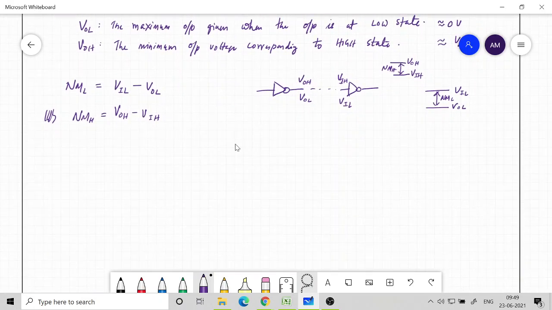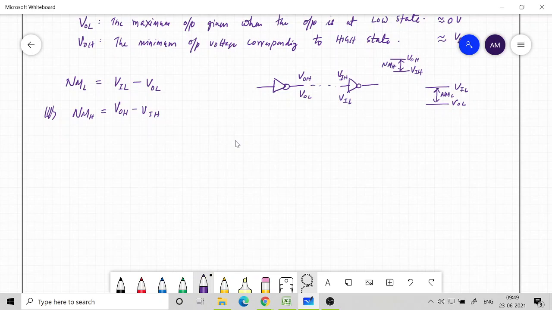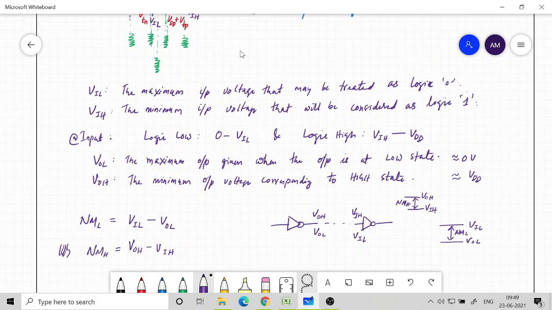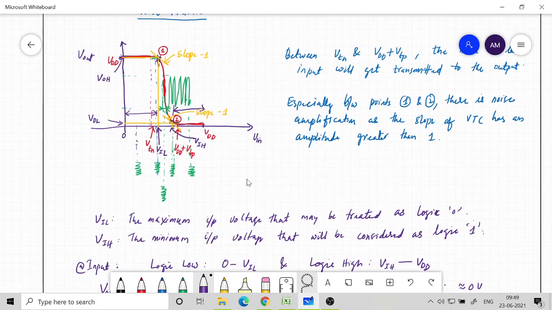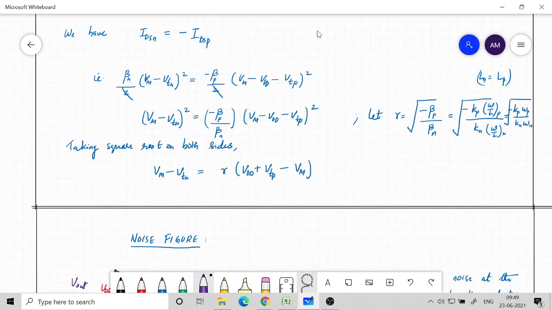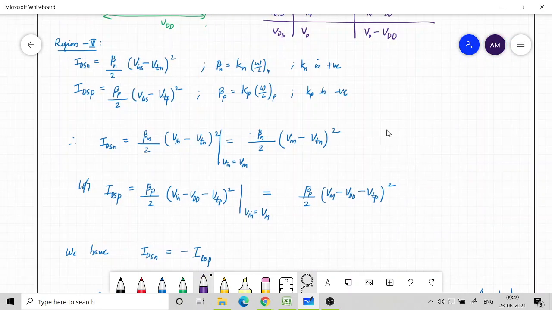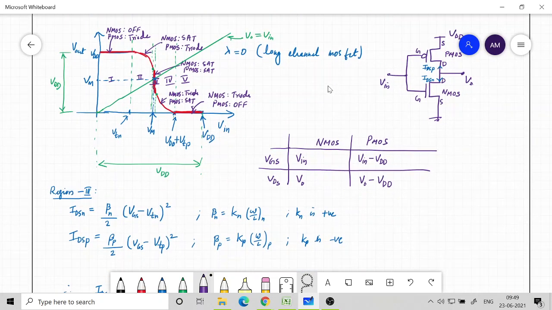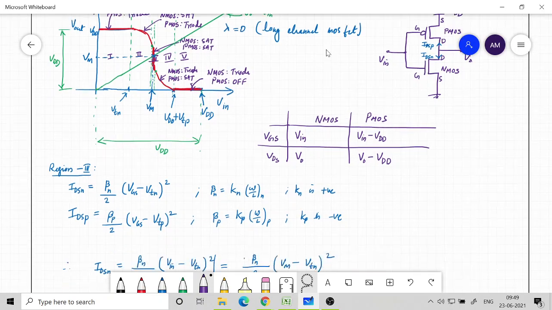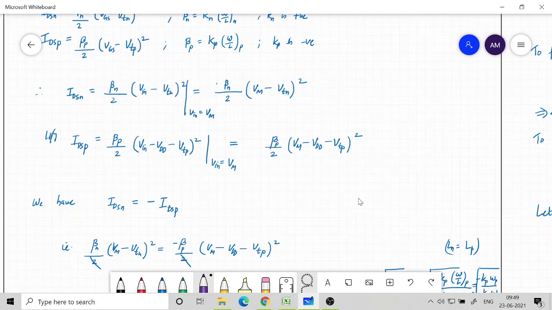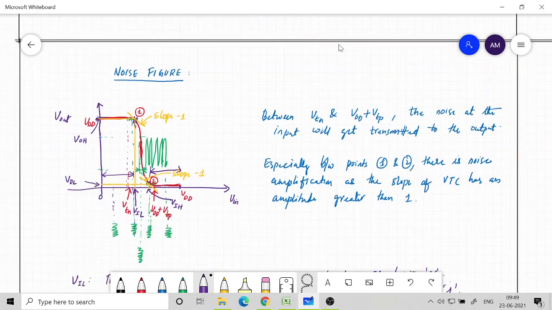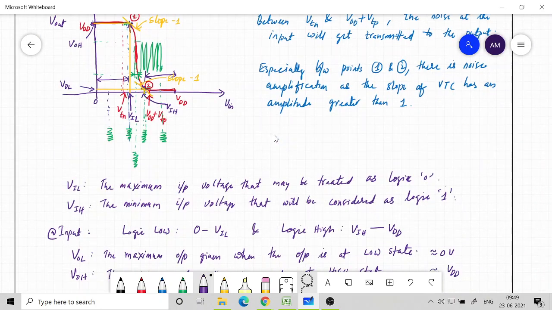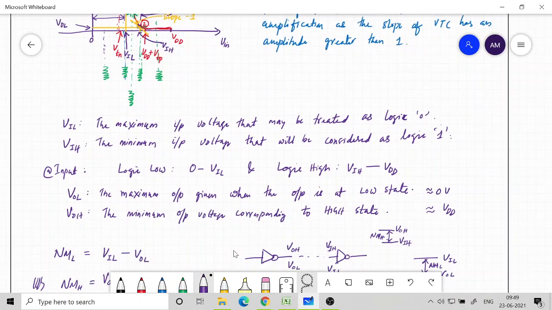We know the region of operation for point 1 and point 2, which I have denoted in the earlier diagram. For point 1, NMOS is in saturation and PMOS is in triode. So I can use that knowledge to calculate these voltages.